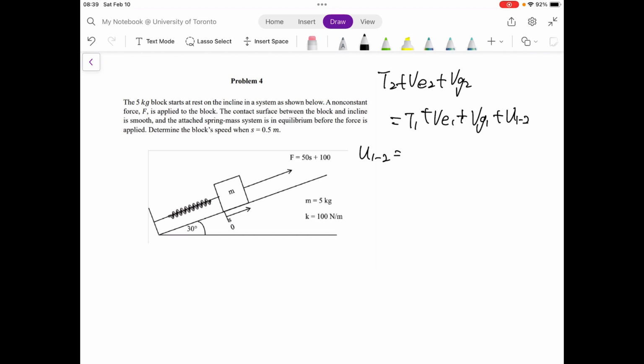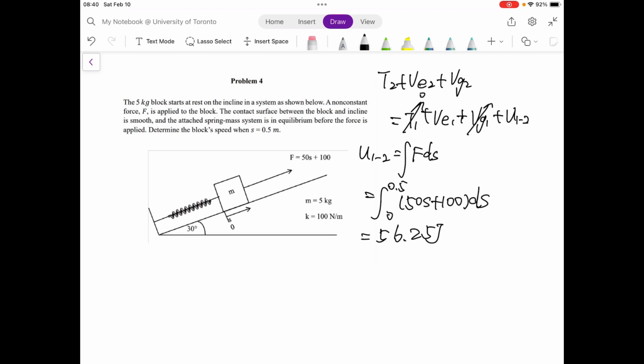U is equal to the integral of F ds, from 0 to 0.5, of s plus 100 ds. After solving it, we have 56.25 joule. And the kinetic energy will be 0 because it starts at rest. And the gravitational energy is also equal to 0 because we set this as our reference.